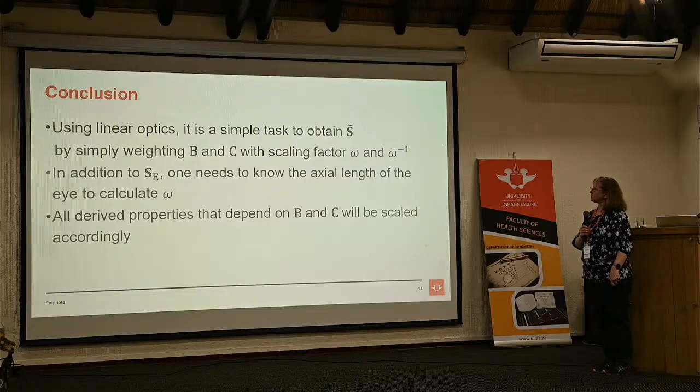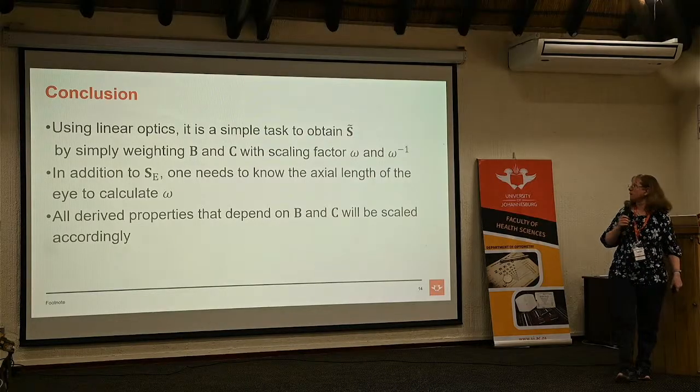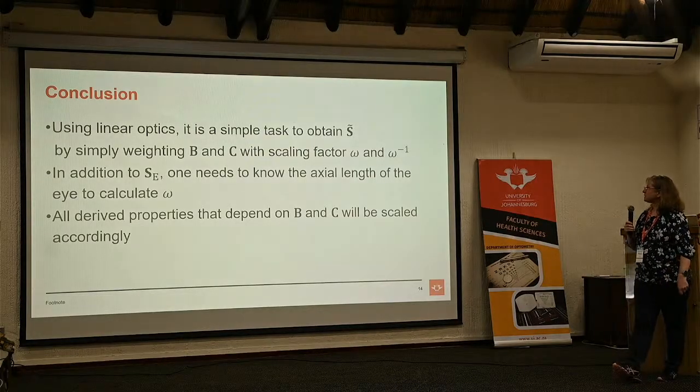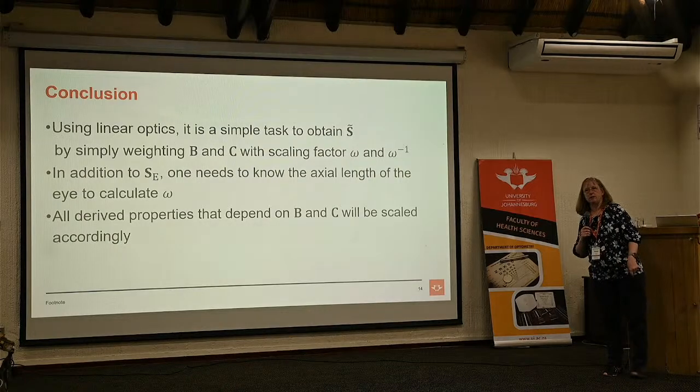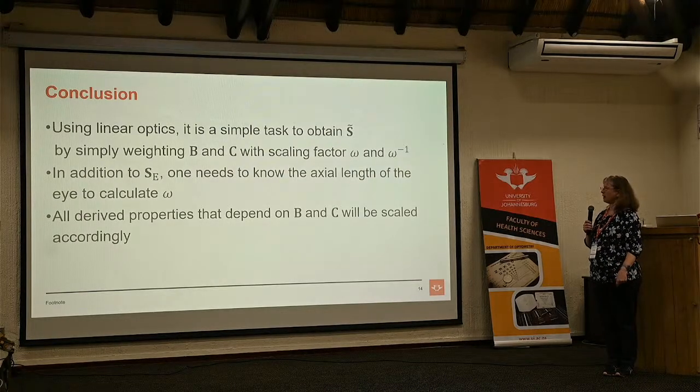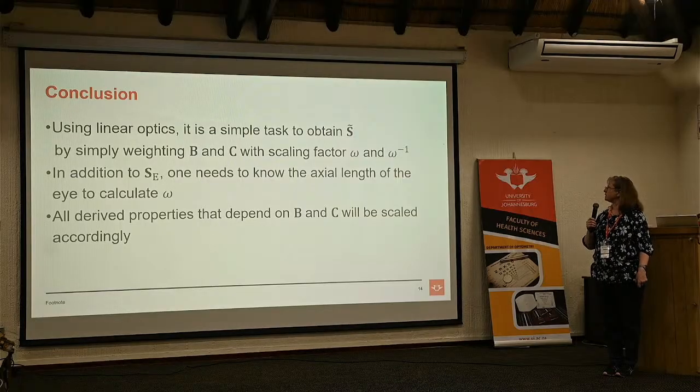All right, so to conclude, using linear optics, it's a very simple task to obtain the transference of a scaled eye or a scaled system. We simply weigh B and C with our scaling factors.